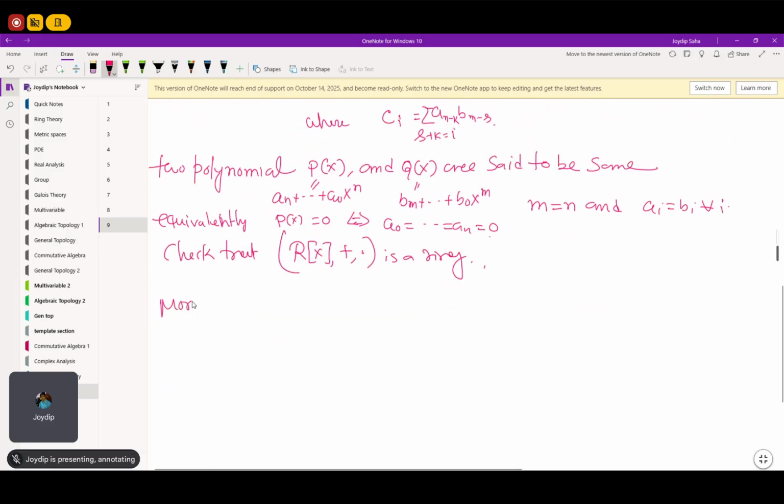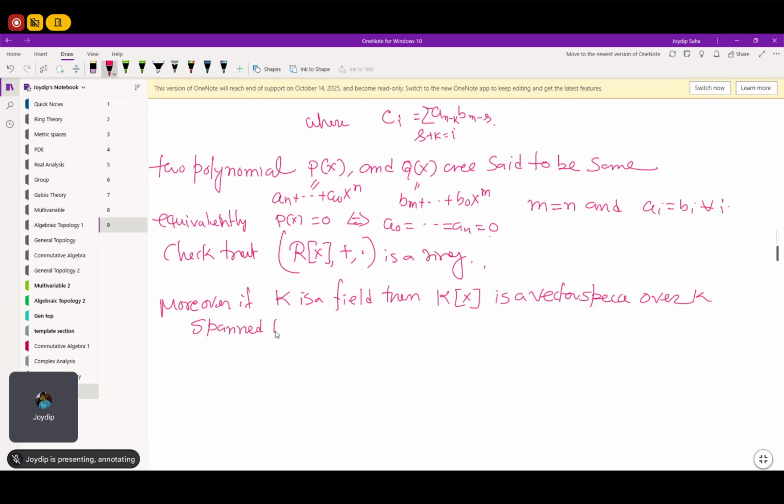moreover, if K is a field, then Kx is a vector space over K spanned by the set x to the power i, where i belongs to the natural numbers union 0.